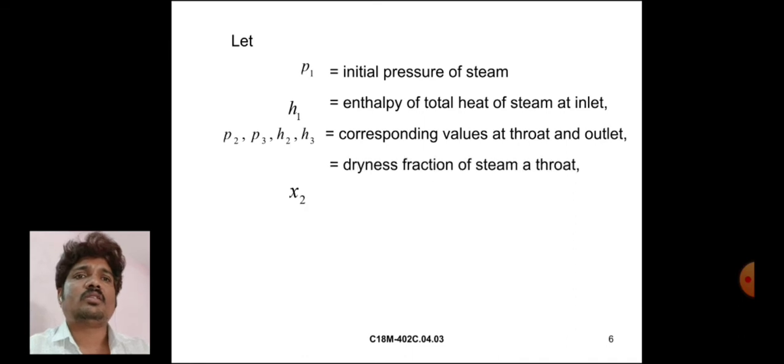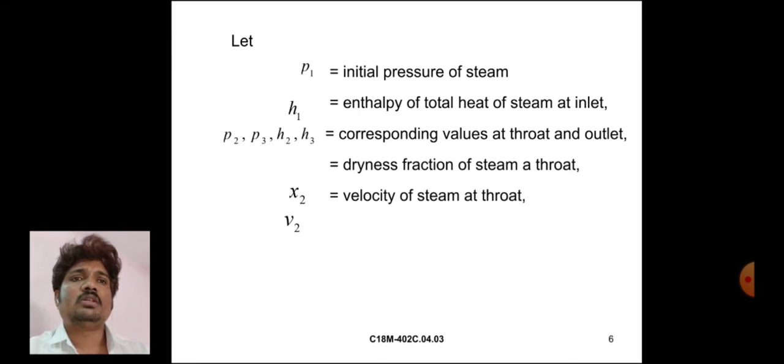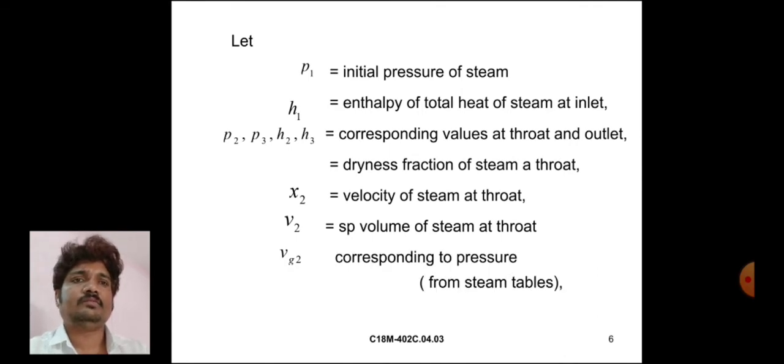In the above figure, X2 is the dryness fraction of steam at throat. V2 is the velocity of steam at throat. Vg2 is the specific volume of steam at throat, taken at the pressure from steam tables.